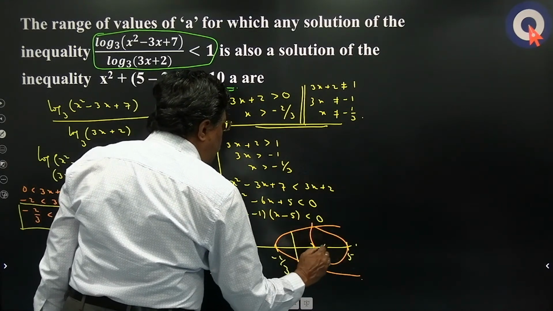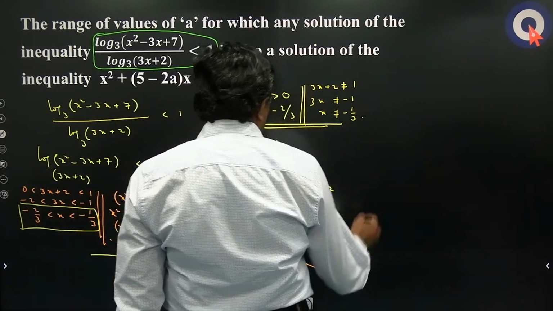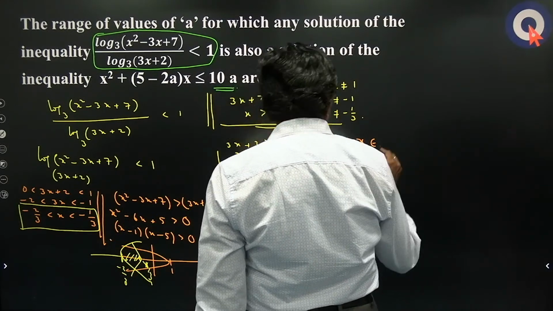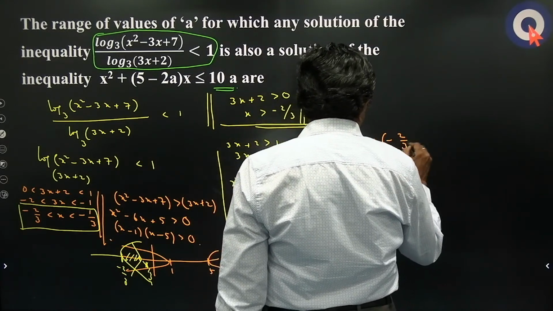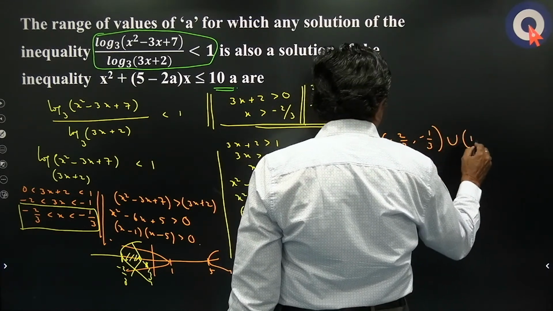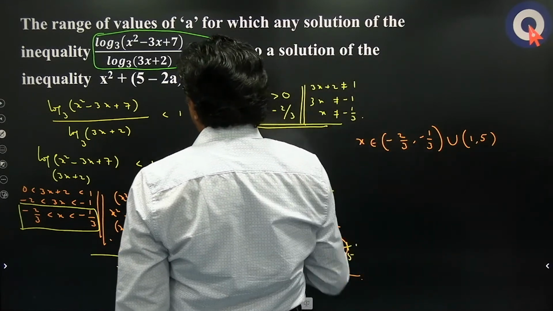So therefore, this interval can be taken. Effectively, what you got here is x belongs to minus 2 by 3 to minus 1 by 3, and also 1 to 5. So this is the interval that you got for the first inequality.